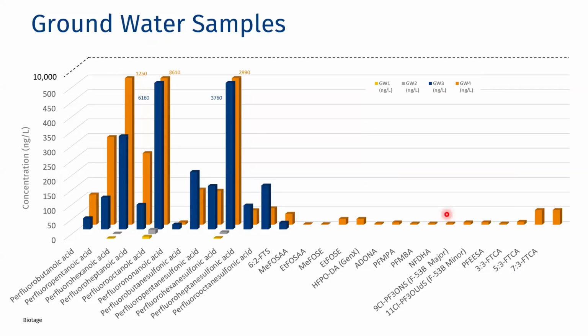So let's look at some data. These are groundwater samples that we processed on the system, and you can see how high the levels and the concentration of PFAS in these samples are. And the system was easily able to process them. We actually processed blanks after this.